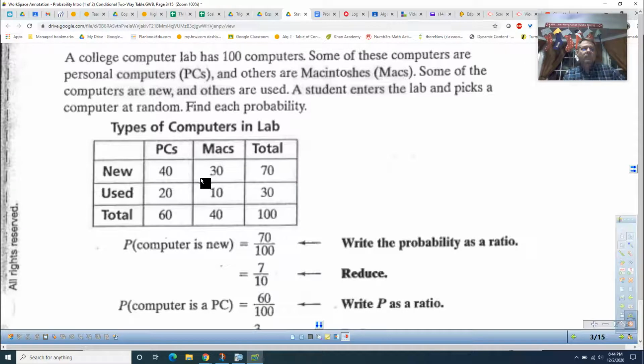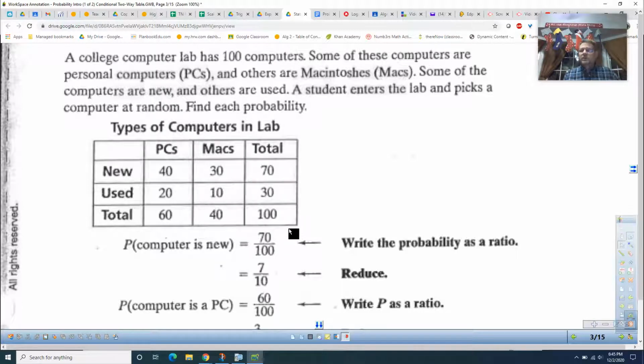We have a table here that walks us through. New computers: there are 40 new PCs, 30 new Macs, which is a total of 70 new computers. Used computers: 20 PCs, 10 Macs, and 30 total. There are 60 total PCs, new and used, and 40 total Macs, and 100 total altogether.